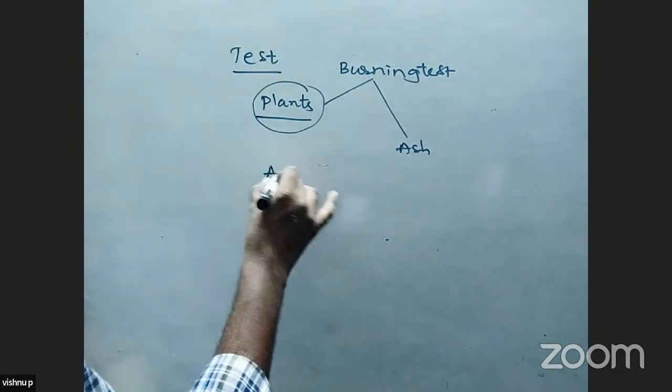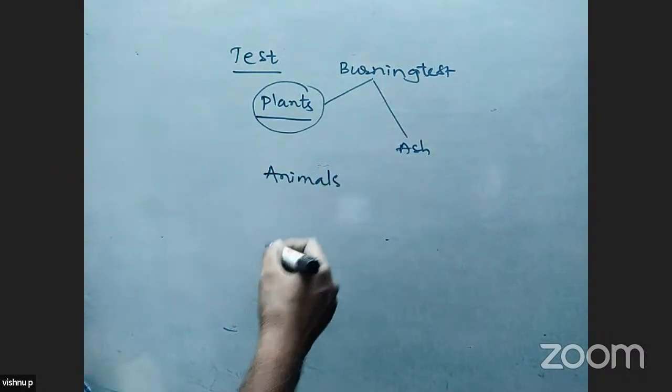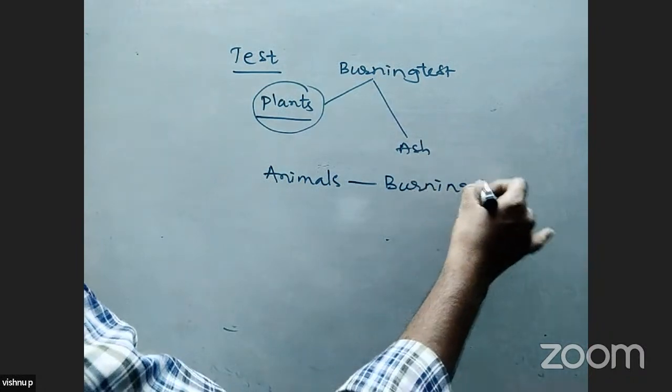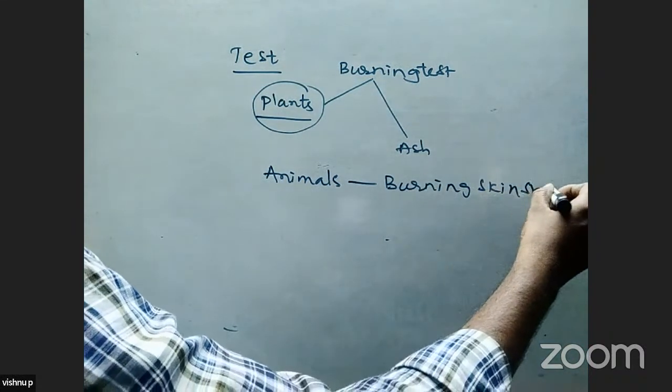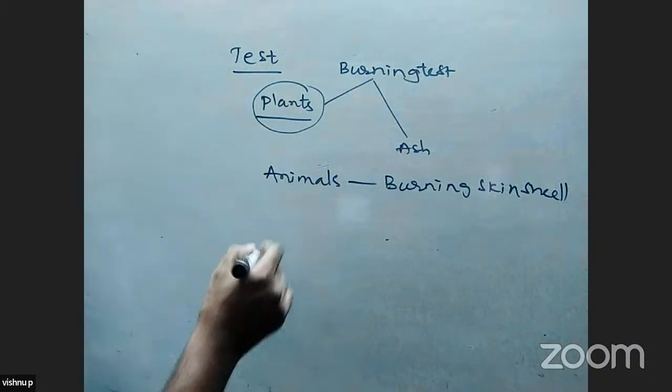If the polymer is obtained from animals, when it is ignited in the burning test, it gives a burning skin smell. This burning skin smell indicates that the polymer is obtained from animals.